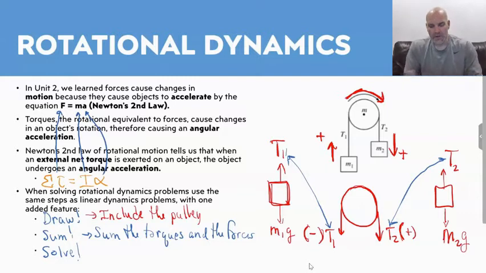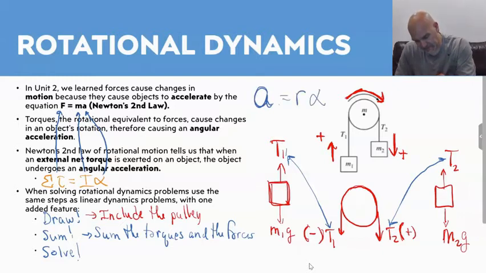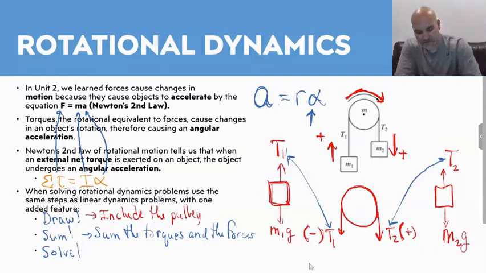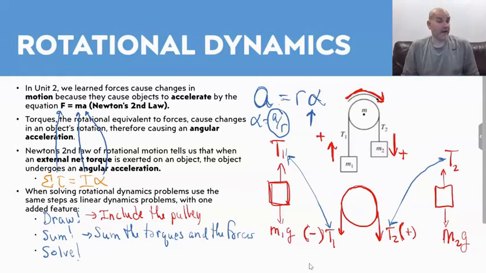And then finally, just solve for what you're looking for. Another big equation that's used here would be a equals R alpha, because I would look for alpha in terms of a. So we have a over R, and I would substitute this anywhere I had an alpha, because sometimes you look for a linear acceleration, sometimes you may be looking for both the linear and angular acceleration. Sometimes you may be looking for the tension.